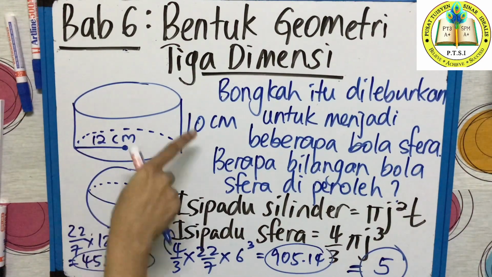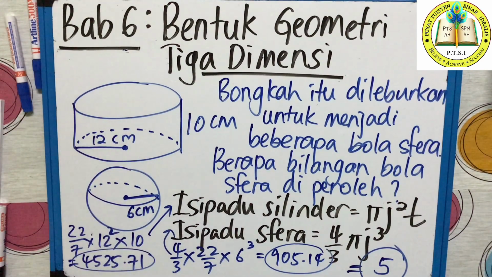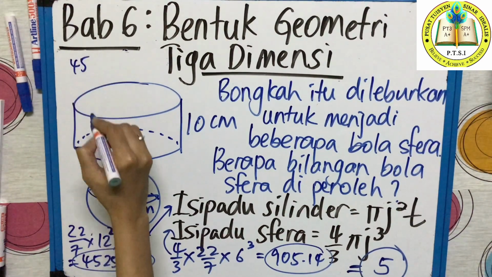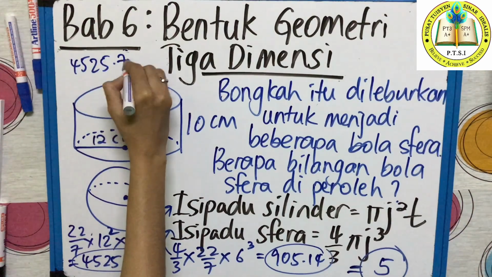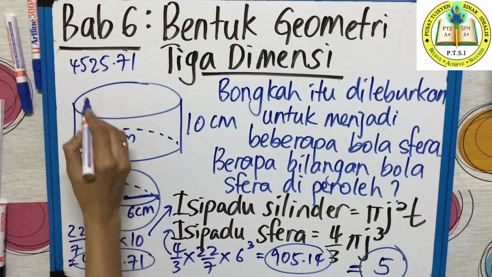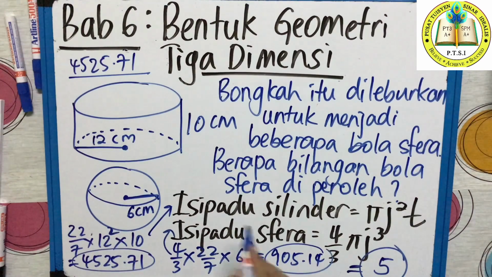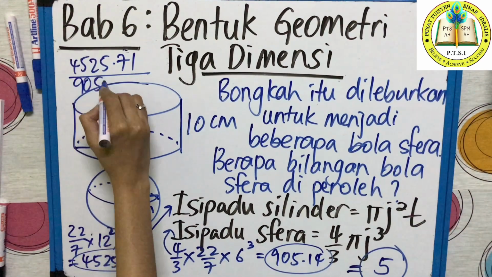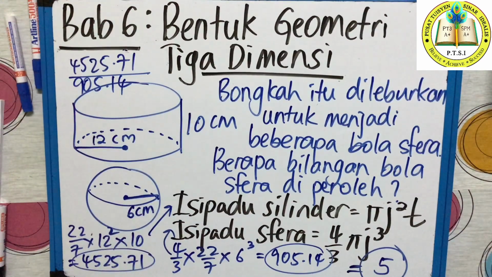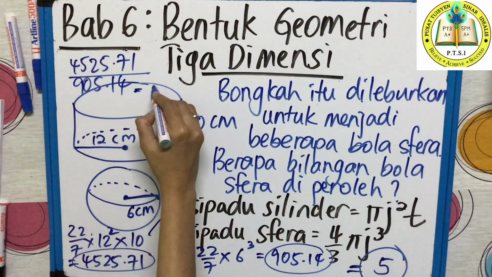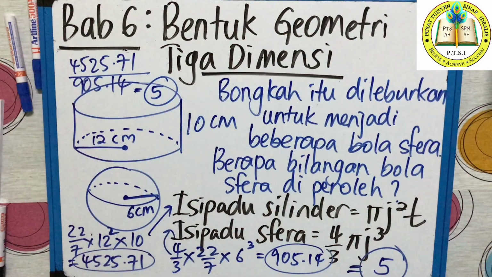When you melt this cylinder block, kamu akan dapat 5 bola sfera. So what is your working? Teacher show here 4525.71, the volume for the cylinder, divide by volume for the sfera 905.14. So when you divide, kamu dapat jawapan 5. So the answer you will get 5 metal balls. 5 bola sfera lah. Okay, that is your 5.